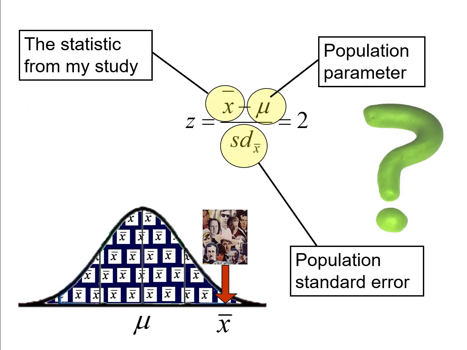Now, I've been talking about how wonderful and fabulous it would be if we could calculate a z-score to indicate the standardized amount of sampling error for a statistic from a study. And hopefully I've convinced you that this would be a good thing to do. And maybe you're even thinking to yourself right now, yes, this sounds great. I really want to be able to do this.